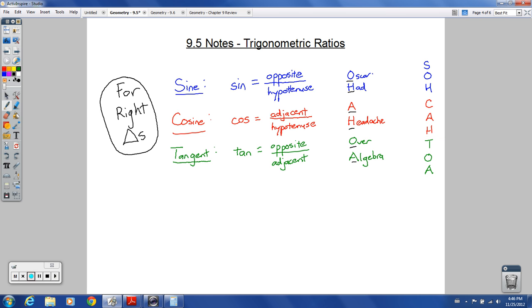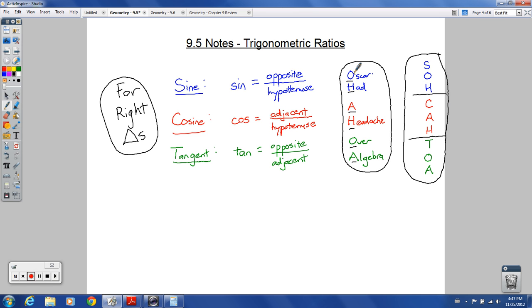I'm going to put that in black. So SOHCAHTOA, what that all stands for is sine is opposite over hypotenuse, cosine is adjacent over hypotenuse, and tangent is opposite over adjacent. So these are a couple of ways to help you remember what's what. So you can either use this way, if you like that better, if that helps you out more, or you can use this way.